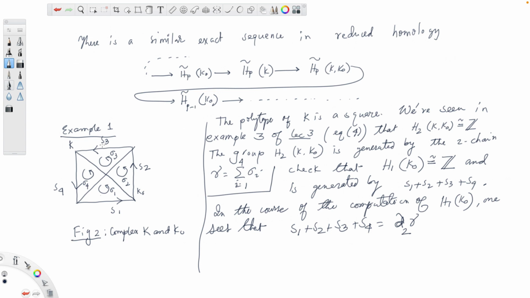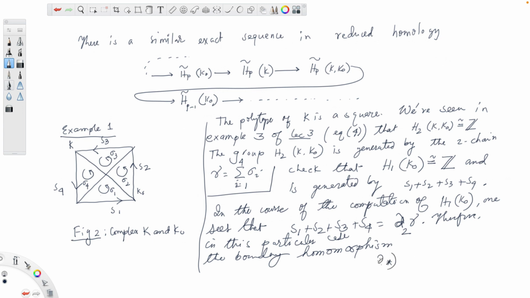Therefore, in this particular case, the homology boundary homomorphism del star 2 is a map from H2 of K comma K0 to H1 of K0.